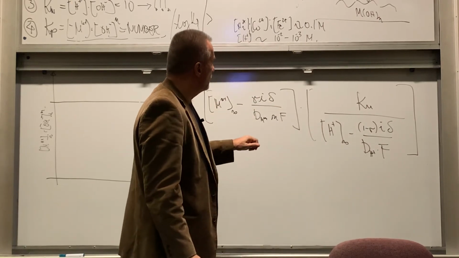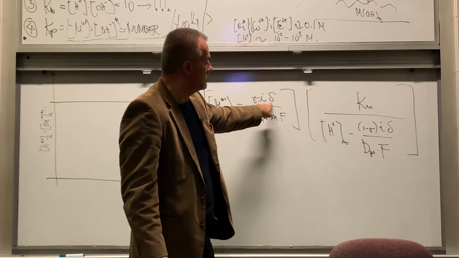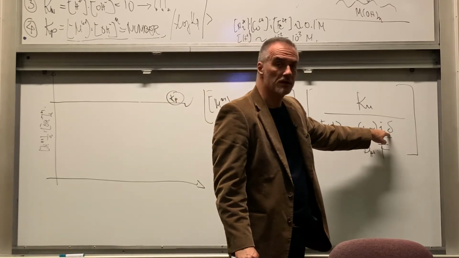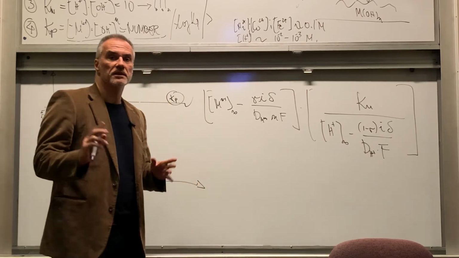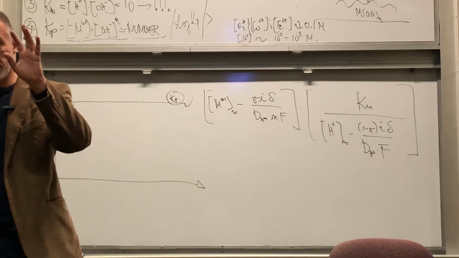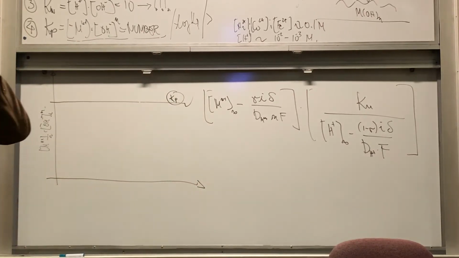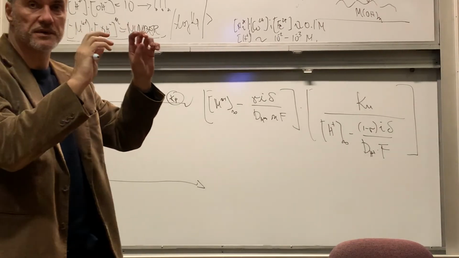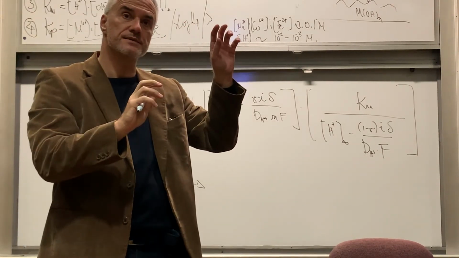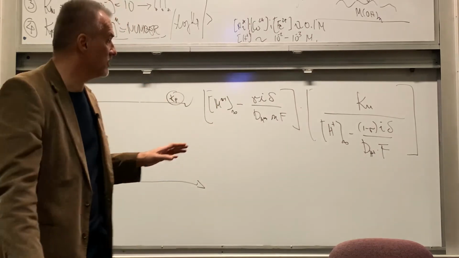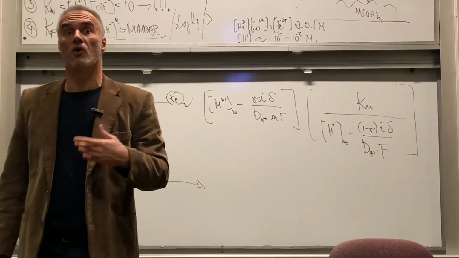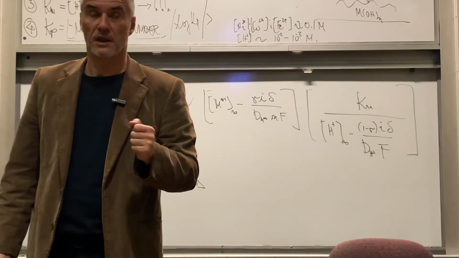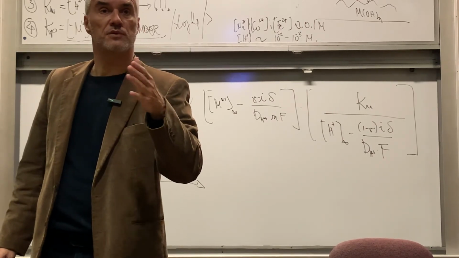It's a product of delta here and delta here, but here is the denominator, here is the numerator. When you have a mathematical expression where the same type of parameter is opposing itself in a product, what it tells you is that there is an optimum. And how you define the optimum is up to you.